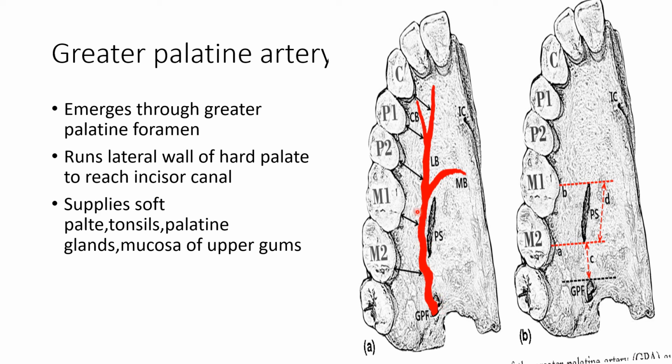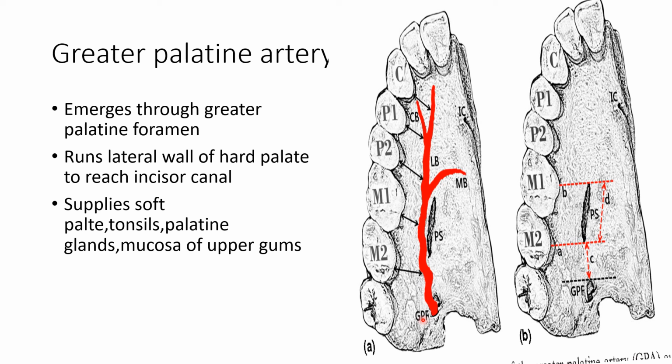It moves on the lateral side to the incisive foramen. Here you know that in the center the incisive fossa or incisive foramen is present. It supplies all this area, the soft palate and the tonsils, and it also supplies the palatine glands and the mucosa of the upper gums.